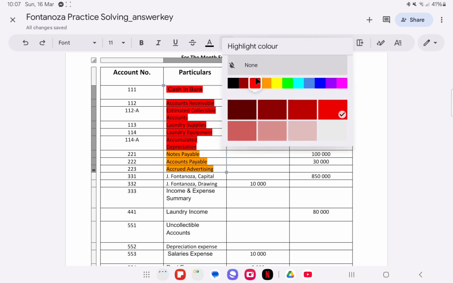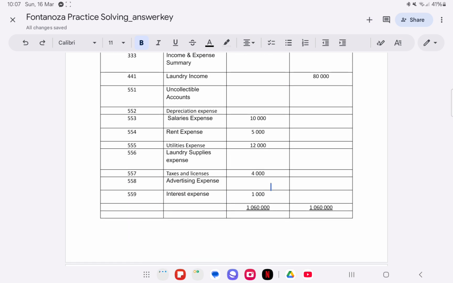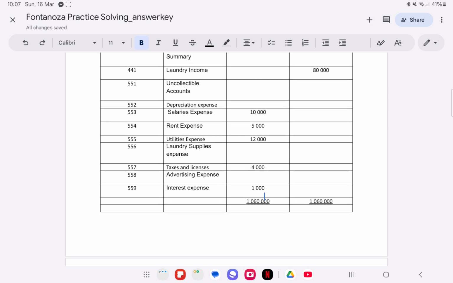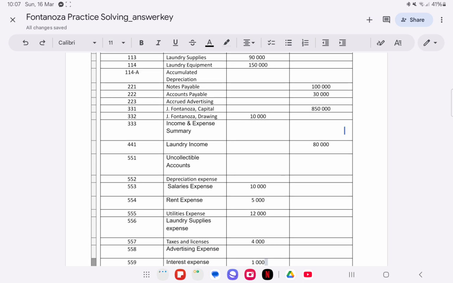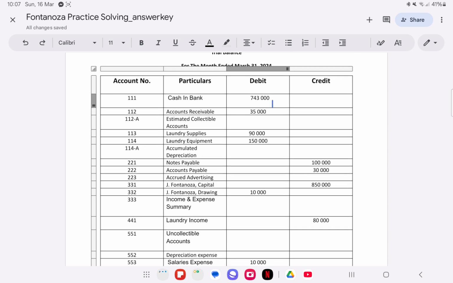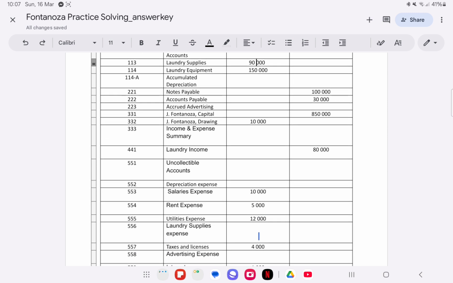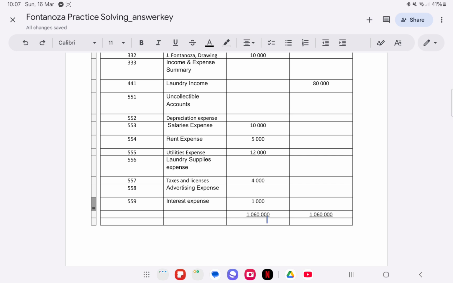I think that's all for the computation of trial balance. And therefore we're going to sum up all the debit and credit to determine if that is balanced. Okay, so add all the debit, 743,000, 35,000, add that one, add 90,000, 150,000, 10,000, 10,000, 5,000, 12,000, 4,000, 1,000, a total of 1,060,000.